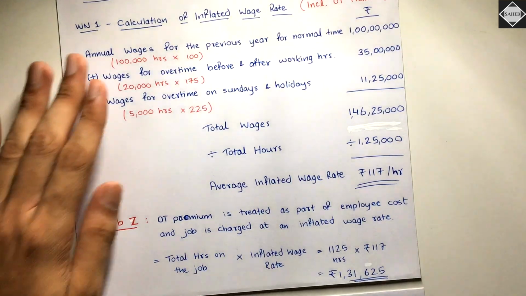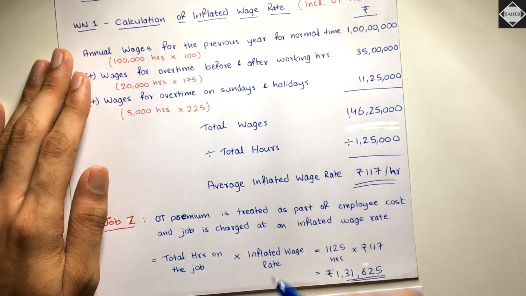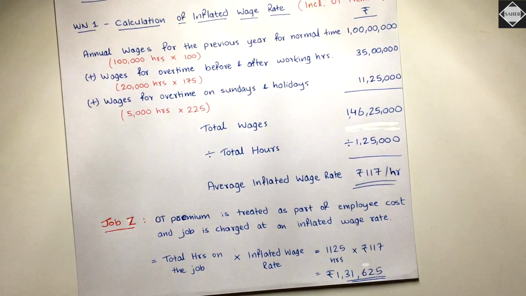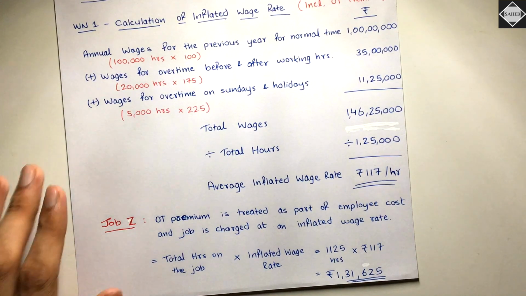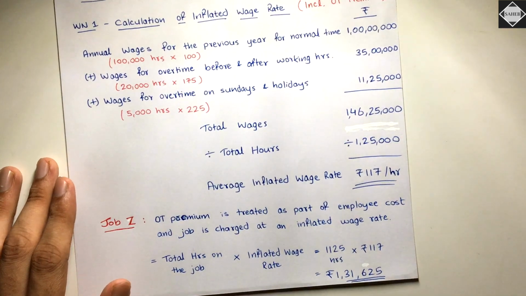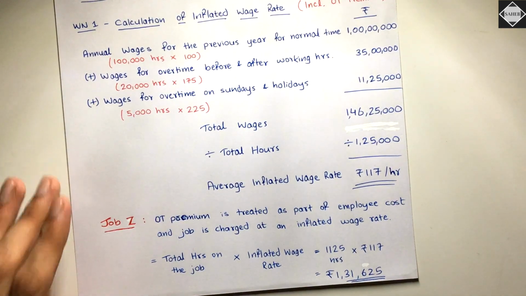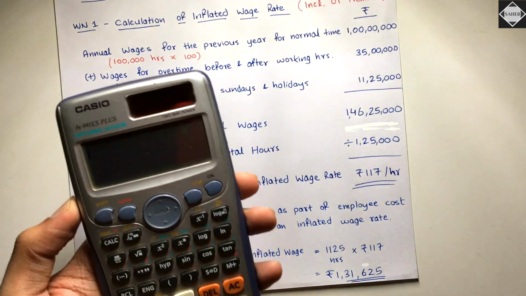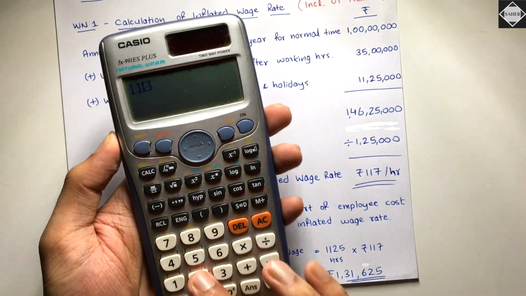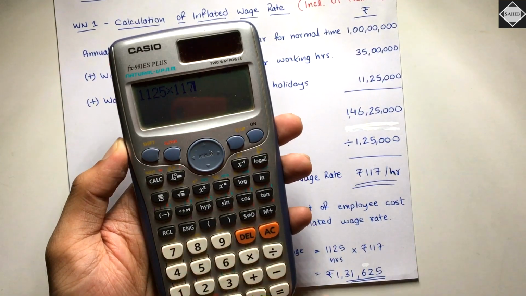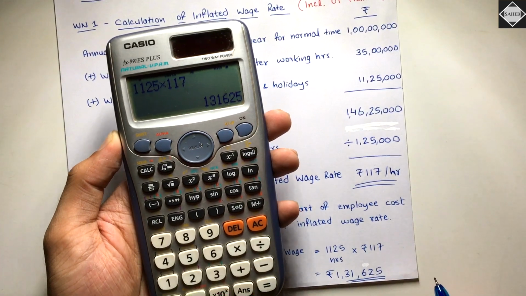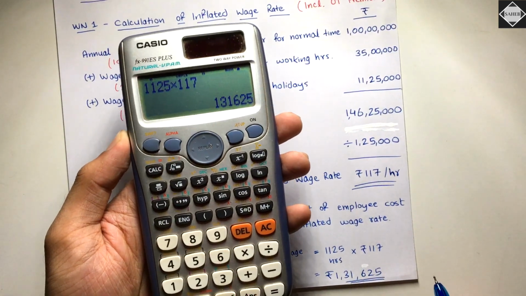So what you're going to do, see here, total hours on the job into inflated wage rate. So that is equal to 1,125 into 117. I gave you a couple of examples also now. It's the same way. 1,125 into 117, that's equal to 1,31,625.